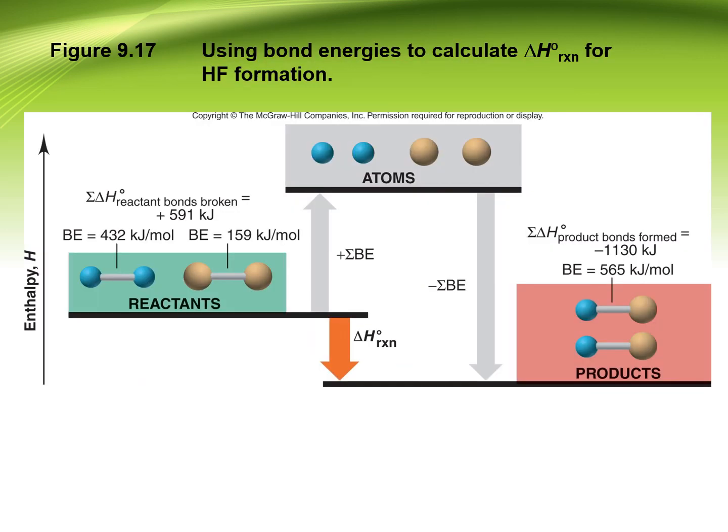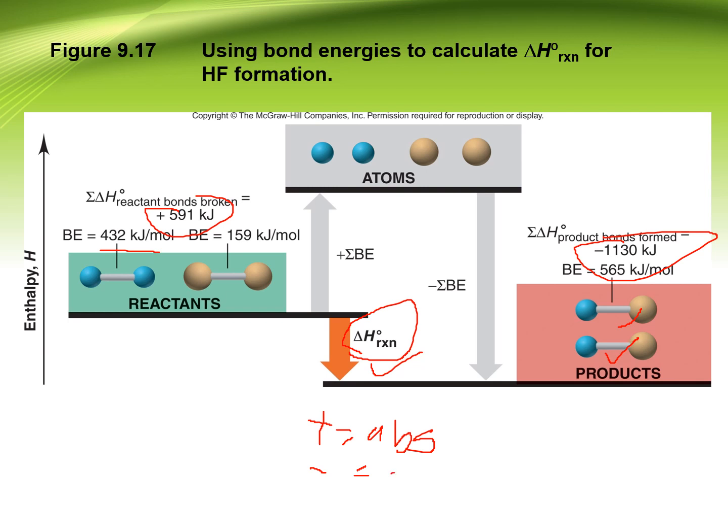In order to calculate the enthalpy of reaction for the formation of HF, you must calculate the bond energy for each reactant and the bond energy for each product. The difference between the bonds broken and bonds formed will result in the enthalpy of reaction. If the sign is positive, the energy, the heat, is absorbed. If the sign is negative, it shows that the energy is released.